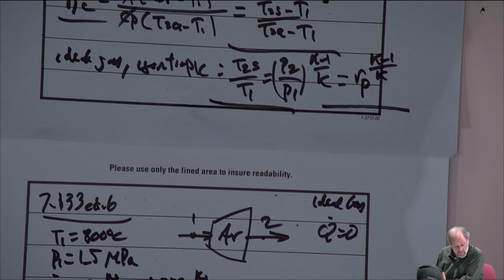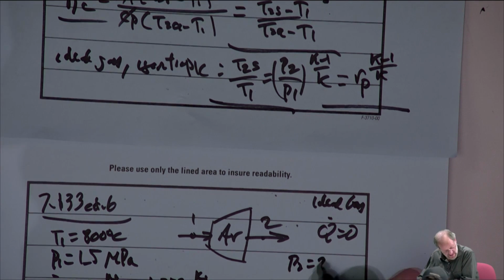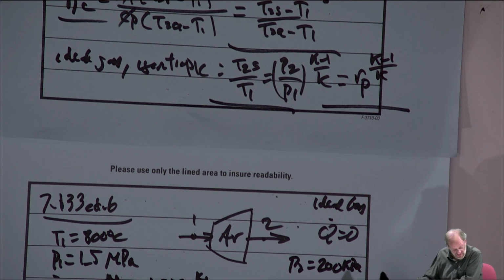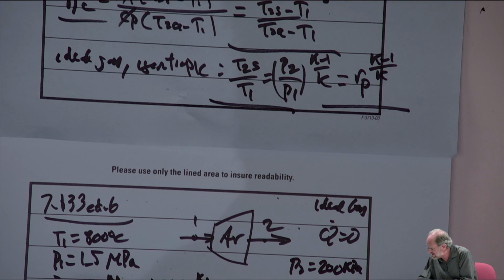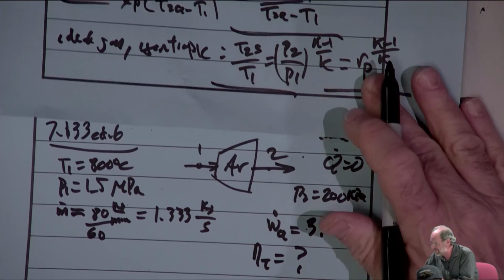Okay. We also have been given the exit pressure. So P2 is 200 kilopascals. We've been given the actual power that's produced by this turbine. So that's 370 kilowatts. And we're trying to find the turbine's isentropic efficiency.